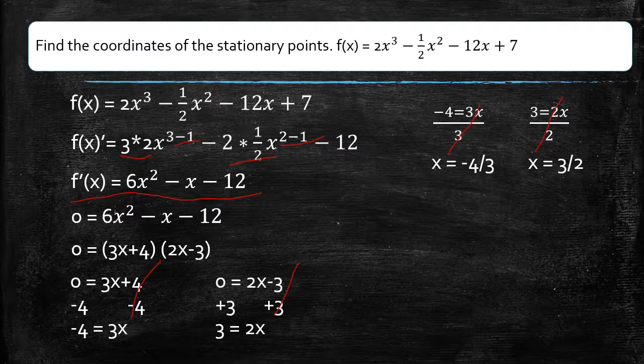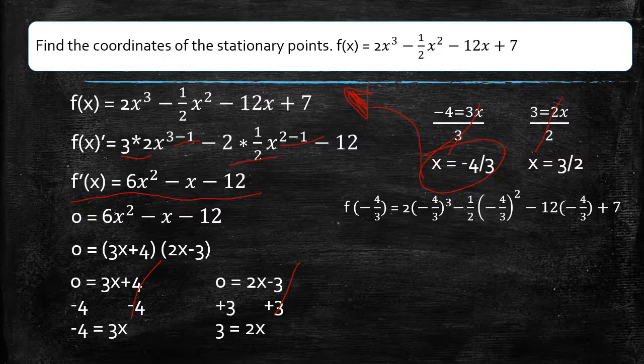So now that you have your x coordinates, you want to find your y coordinates. In order to do that, you're going to substitute your x coordinates into f of x, the original function of the curve. When you substitute -4/3 for x, you're going to find that f of -4/3 is equal to 469/27.